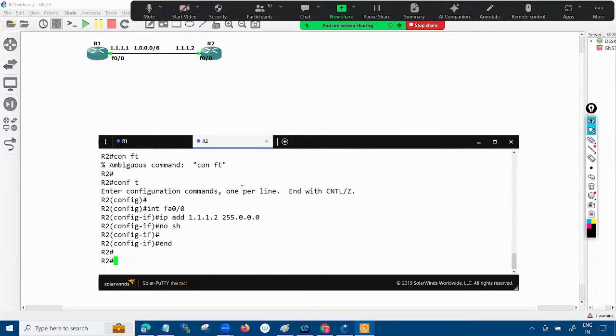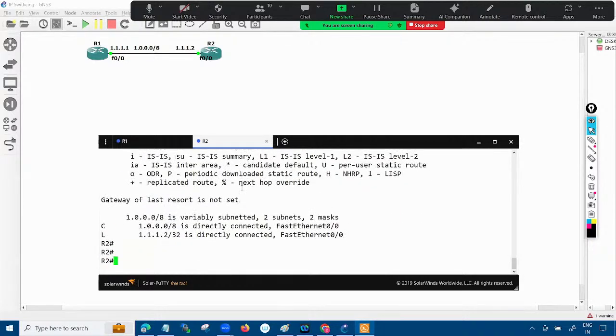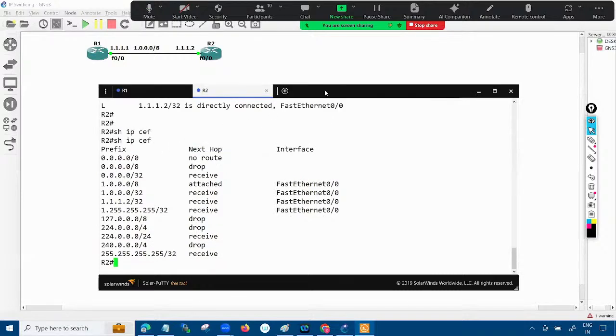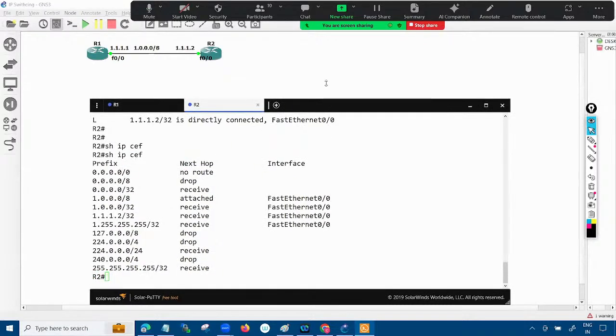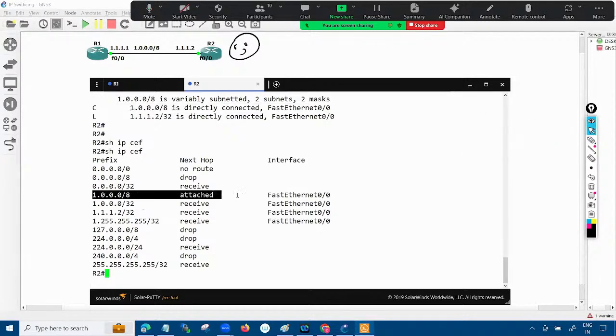If you see show ip route, I have a 1.0.0.0/8 route, right? And if you use show ip cef, I have this as well. I have this information in my routing table on router two. At the same time, the same information will be in the CEF table as well, attached to the 0/0 interface.